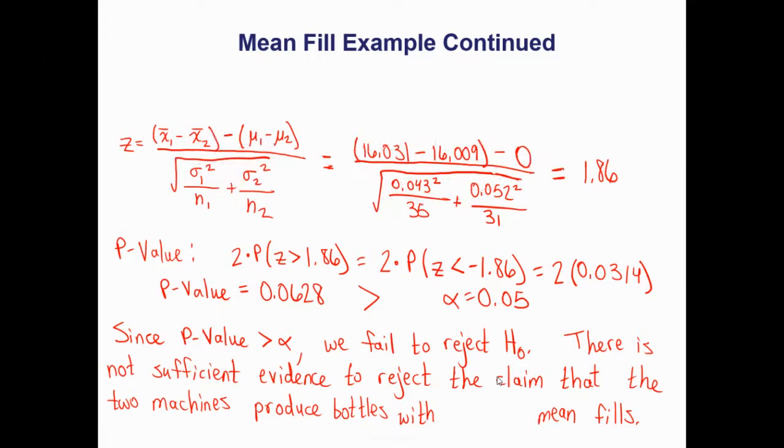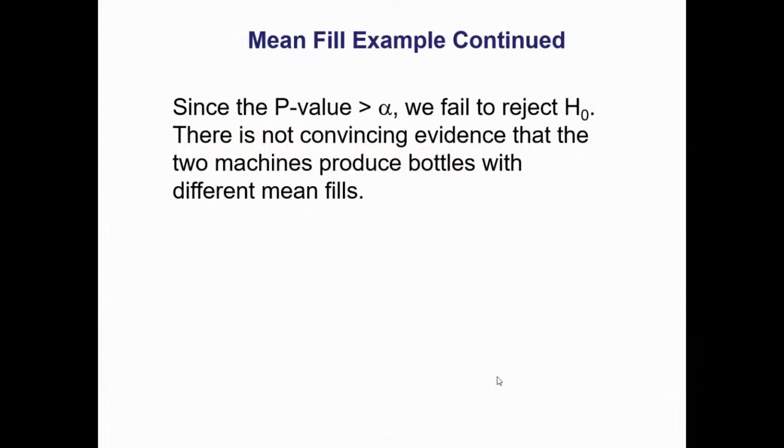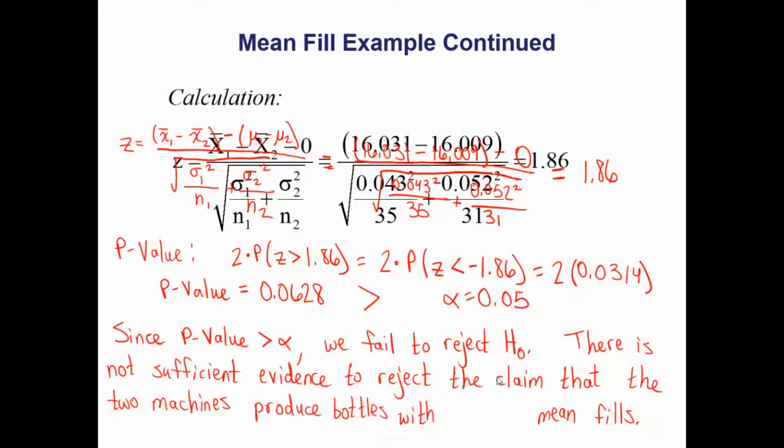I'm just going to advance the slide to see where I got that from. There it is. I guess that's where I got it from, because they have the two machines produce bottles. I'm wording it differently. That's why.